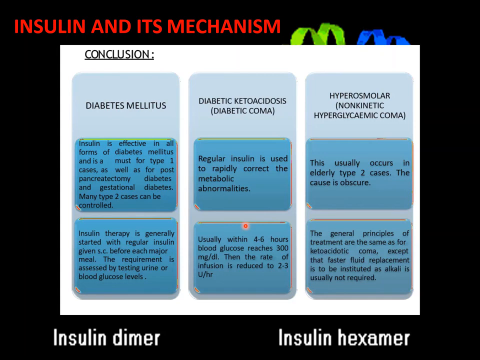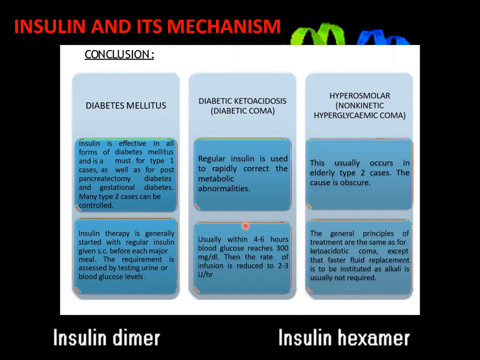Insulin therapy generally starts with regular insulin given before each major meal. The requirement differs from patient to patient, depending on environment, family history, and the activity of the person. So it is important to do a blood test or urine test or both.